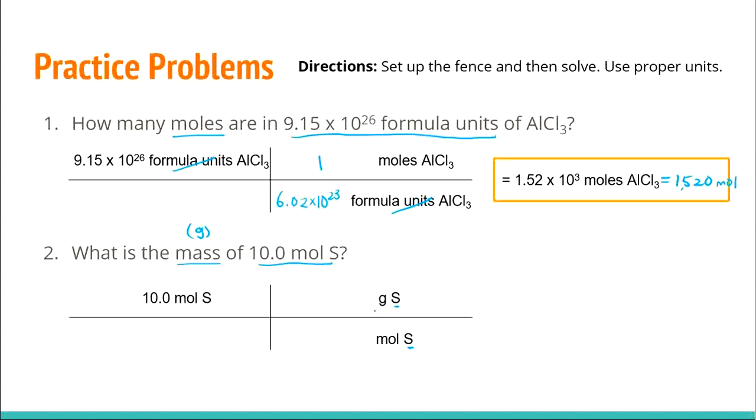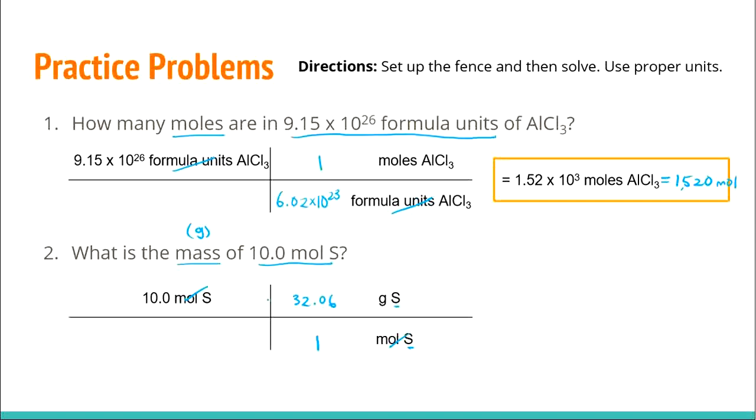So where do those numbers go? 32.06 will go next to my unit grams, and then 1 will go next to my unit mole. My moles cancel out. I multiply across and divide by whatever's on the bottom.